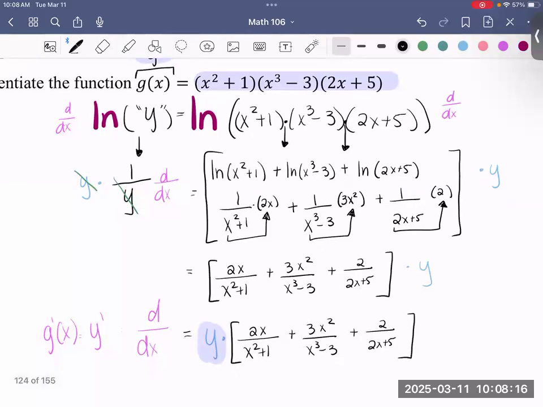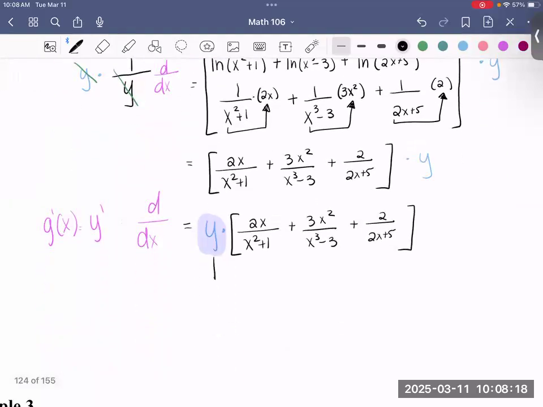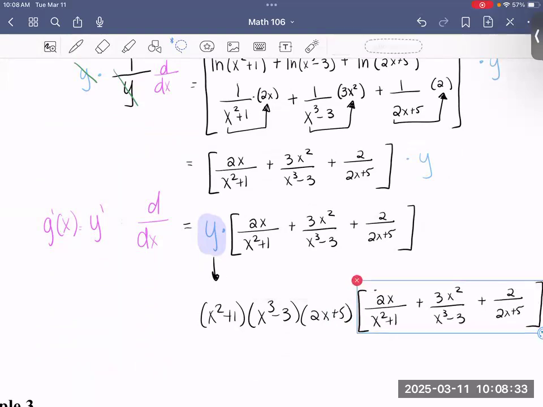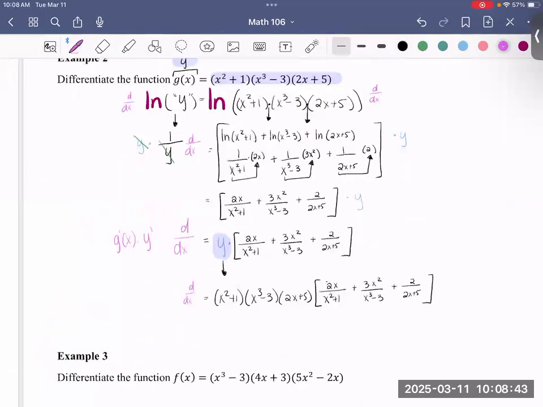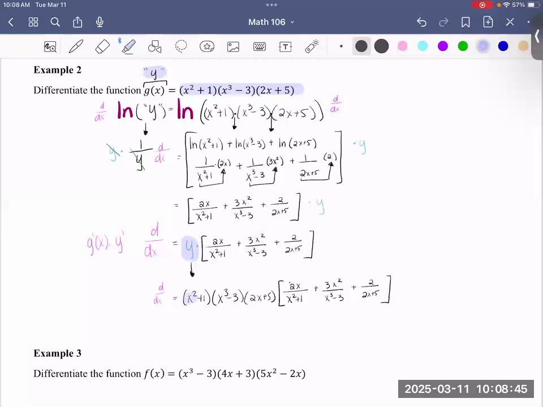So that just means we now need to replace this y with its counterpart: x squared plus 1, x cubed minus 3, 2x plus 5, and then times, paste one more time, this whole thing. This is the derivative of g of x. So you'll notice that we've just replaced y.